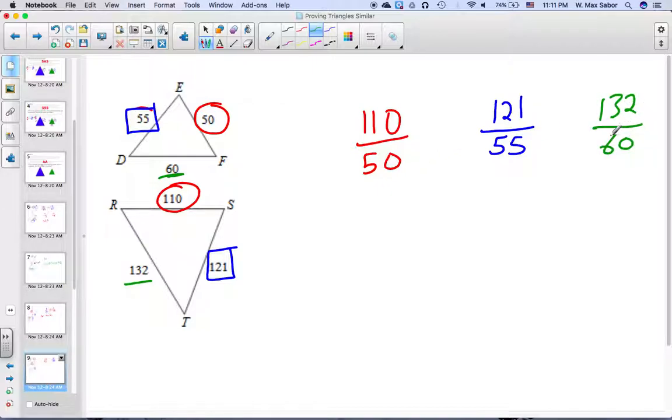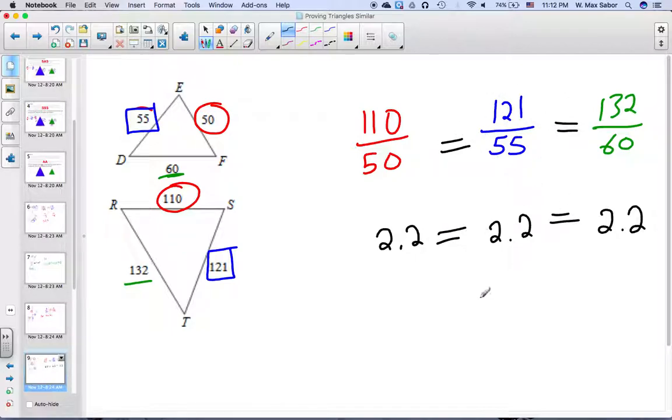If these fractions are all the same, then we will say that they're similar by side, side, side. And I believe what we get when we divide these is 2.2, 2.2, and 2.2. Okay, good. They are all similar, or all the ratios are equal. And because we have three equal ratios, we can say side, side, side.